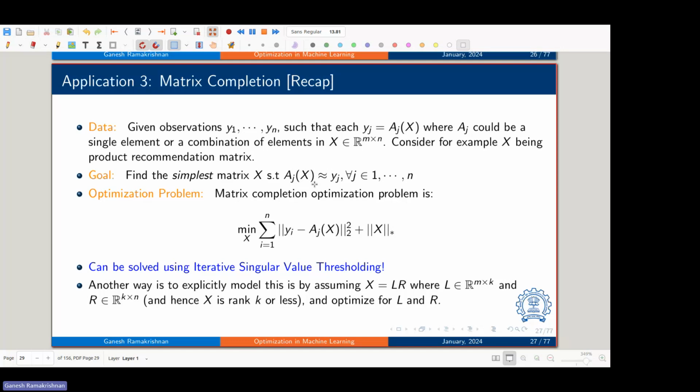X is L into R. What will be the rank of x? It cannot exceed k, right? It means that the rank of x has to be at most k. So can we make use of this property?